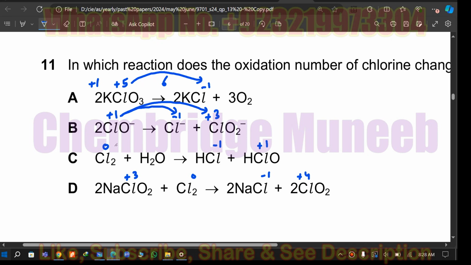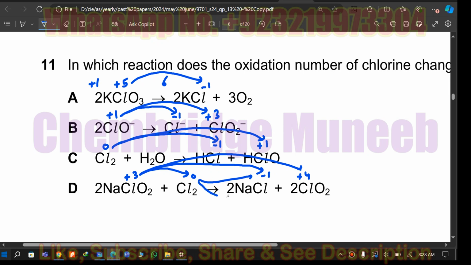And in option C, the change is from 0 to -1 and 0 to +1, and in the last option it is from +3 to 0, and in the second case -1, and also +3 to +4. Or you can also find 0 to -1 and 0 to +4.